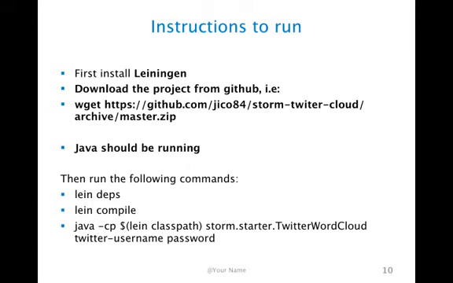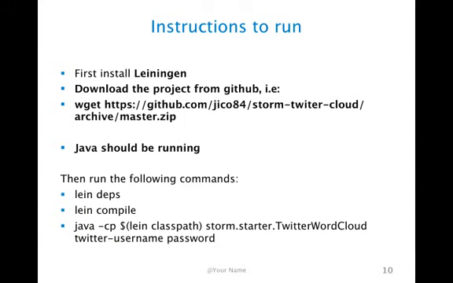I usually would recommend the Oracle JDK. You'll run the following commands: lein deps, which will download all the dependencies, lein compile, which will compile the project, and then finally execute the command to run the Twitter word cloud application.